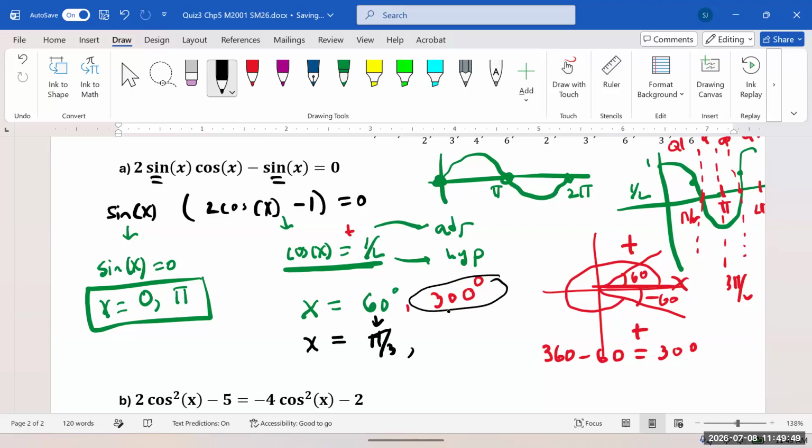But if you tell me 300 is 5 pi over 3 without doing anything, I'll surely doubt you. Like, well, how do you know? And if you tell me you used the unit circle, where is the unit circle? Why are you not showing me that 300 degrees is 5 pi over 3?